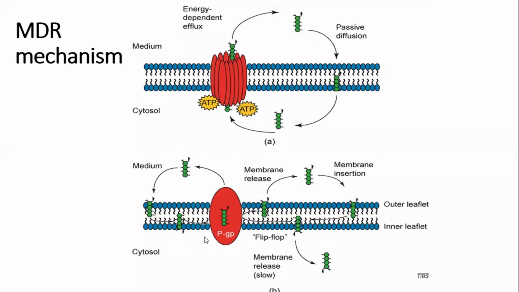Now coming to the P glycoprotein. Wherever P glycoprotein is mentioned, you should understand that they are talking about the bacterial MDR receptor or transporter. So PGP or P glycoprotein is present in the case of the bacteria only.